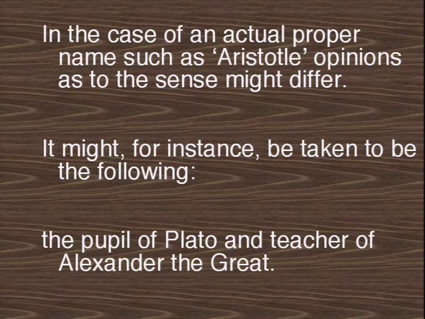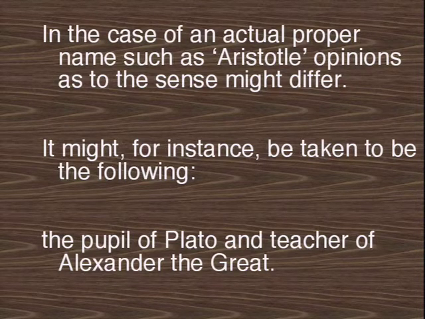Suppose you take a name like Aristotle, or a name that people use more often, like Arnold Schwarzenegger, Barack Obama, Dick Cheney. Well, opinions as to the sense might differ, Frege says. Take the name Dick Cheney.